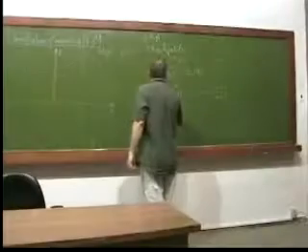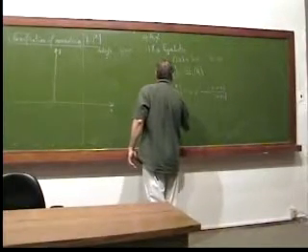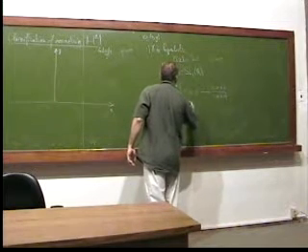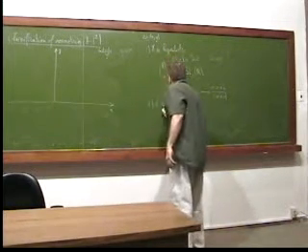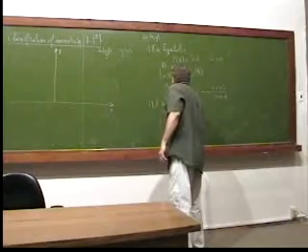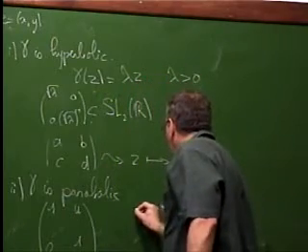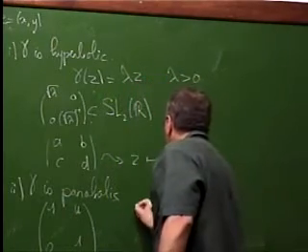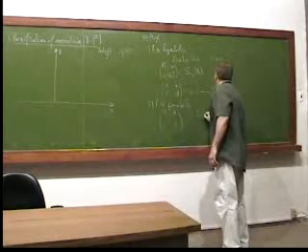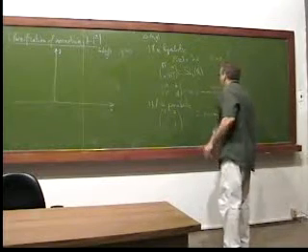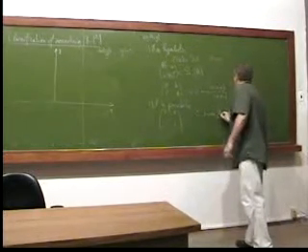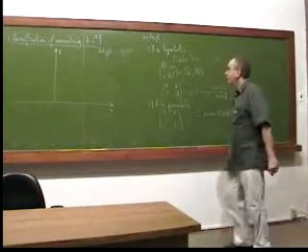Now, gamma is said to be parabolic if it corresponds to this kind of matrix, say U here, and the action is simply the translation. Z goes to Z plus U, where U is a real number.